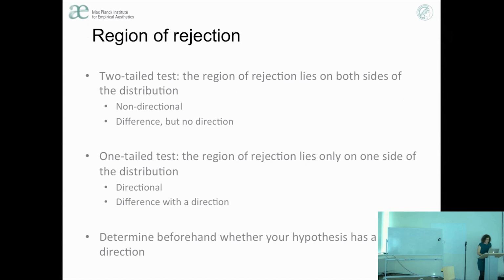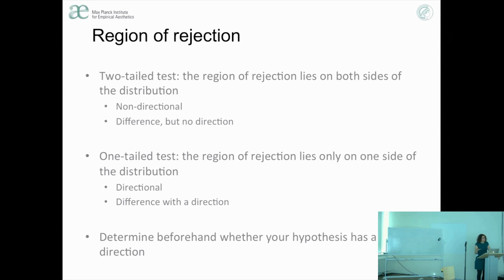Your hypothesis could also be iPad readers exhibit higher transportation levels than paper readers. Then it's still about a difference between the two groups, but you have also indicated what you think the direction of that difference is going to be. You think that the iPad readers would score higher than the paper readers.